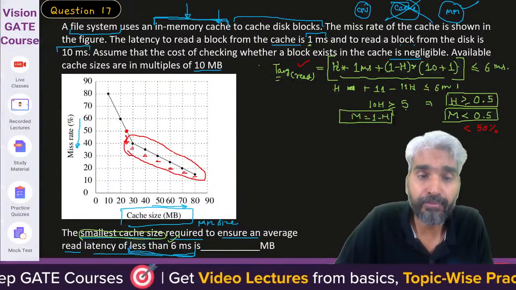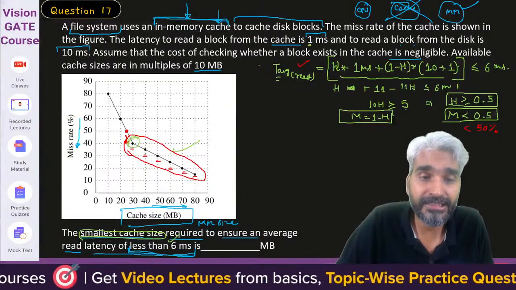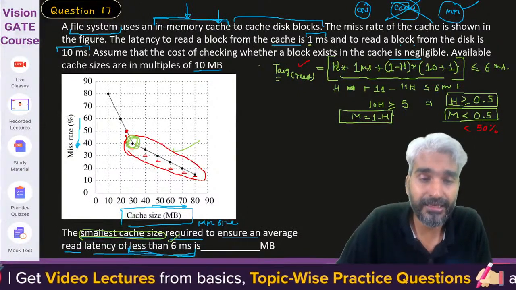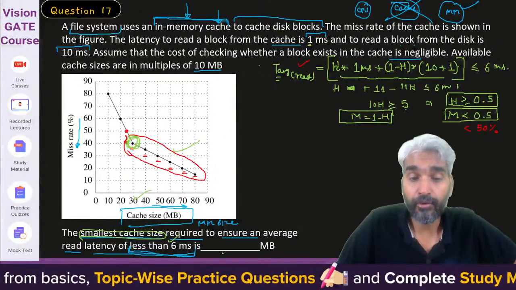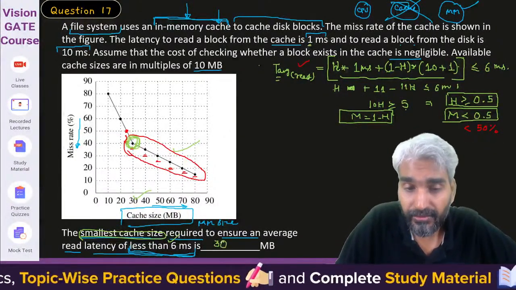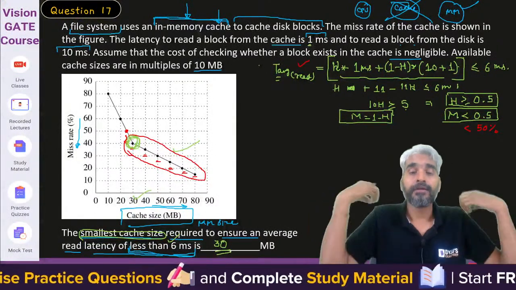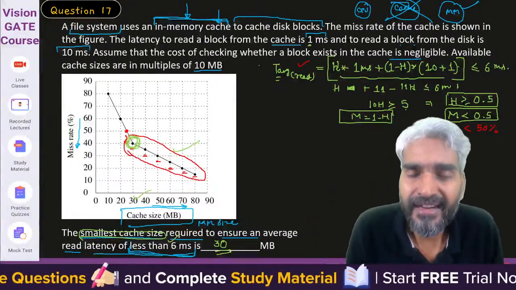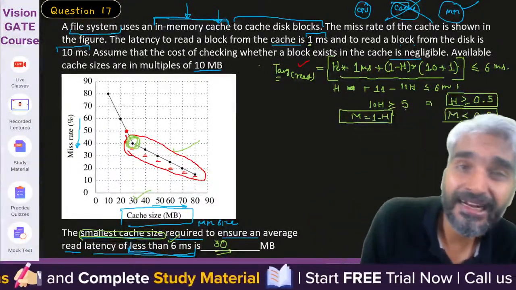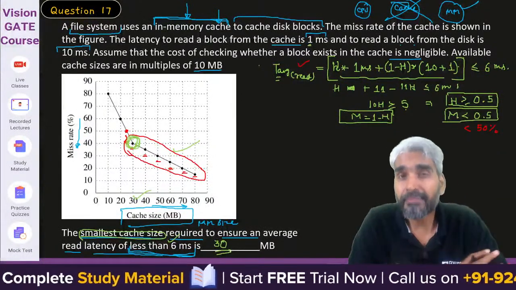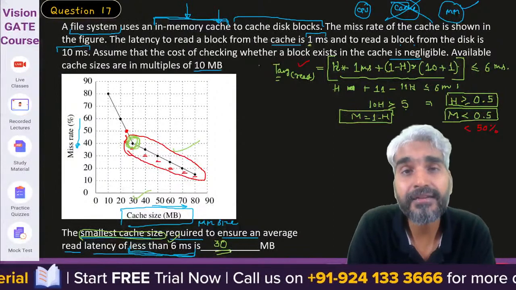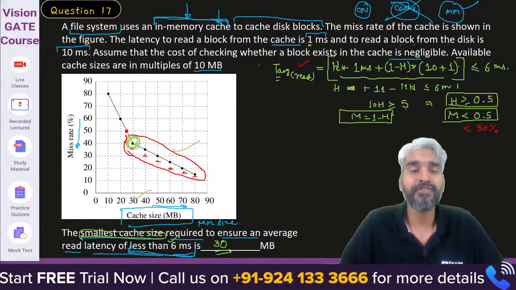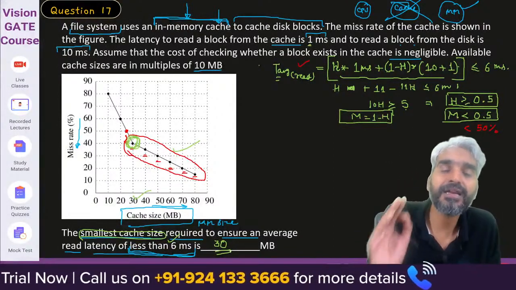So among these possible cache sizes, the smallest one is 30 megabytes. Therefore, the correct answer will be 30. To ensure an average read latency of 6 milliseconds, the minimum size required of the cache is 30 megabytes.